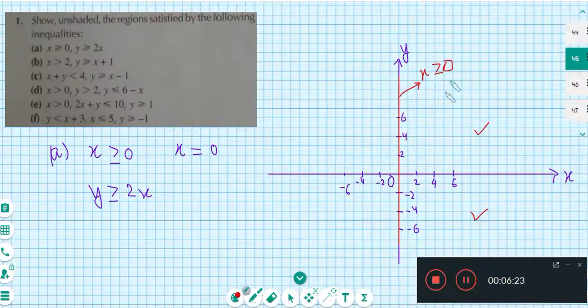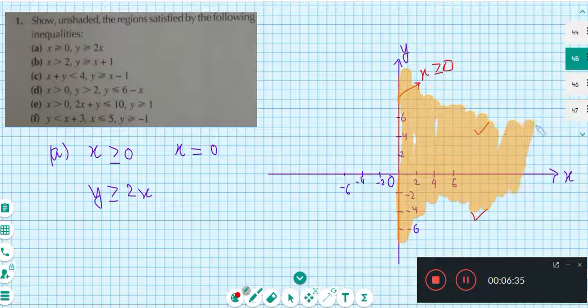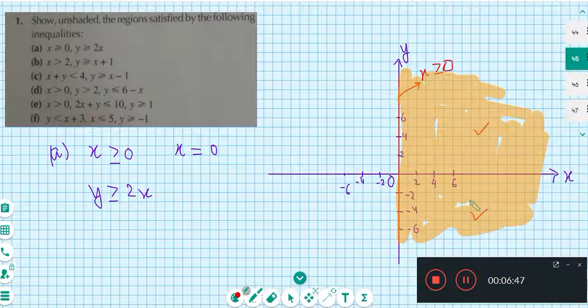This region is the region where x is greater than or equal to 0. Equal to 0 is on the line and greater than 0 is at the right side of this line. So this is the region.